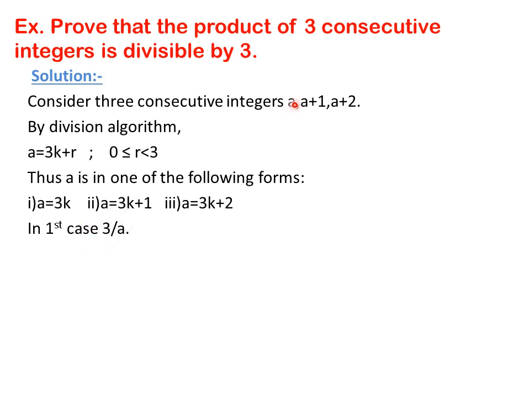So for this first integer, it is pretty obvious. Now for the second case, if we consider this third integer a plus 2, and take this form, we will get a plus 2 as 3k plus 1 plus 2, which can be written as 3 times k plus 1.